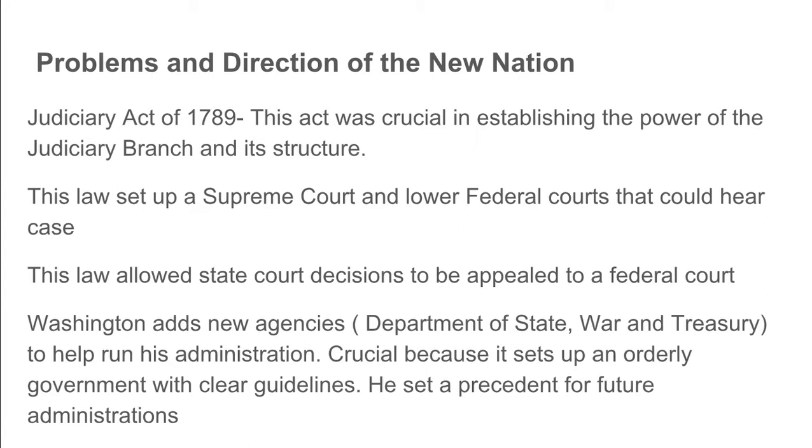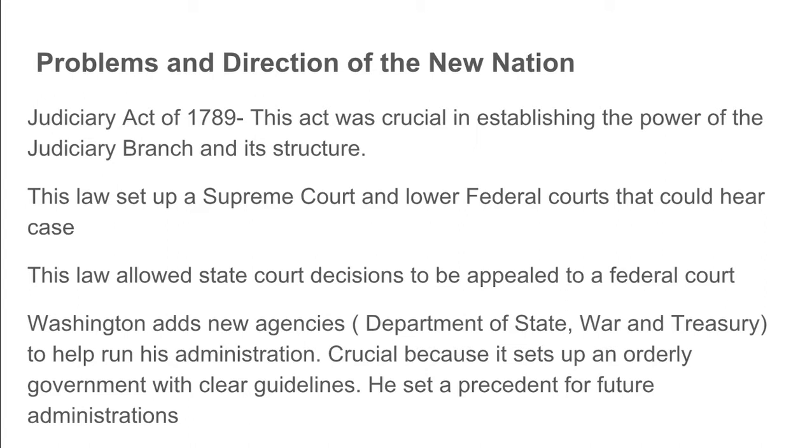Washington, as I mentioned just a little bit ago, is seeing that if this is going to be run by the people, I need to have help. I'm not going to play the role of the king and make all decisions. So he sets up people that will be specifically responsible for certain areas. Department of State is going to run all the national affairs for the federal government.